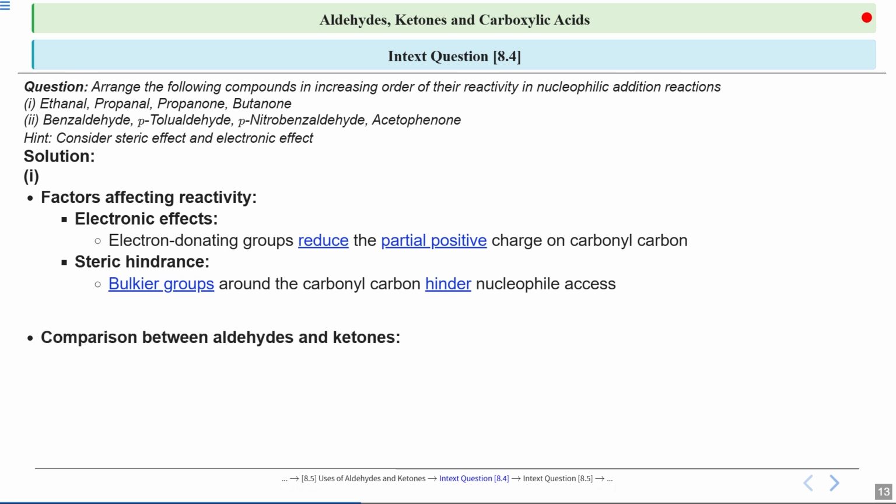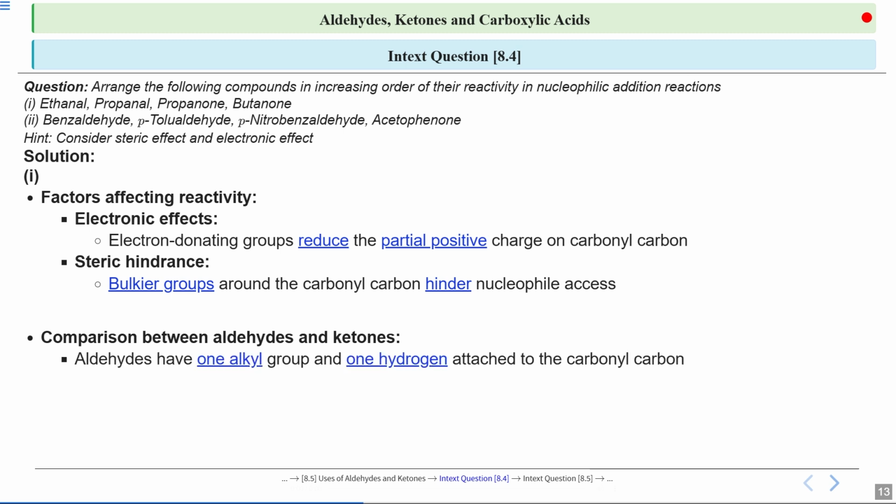Now, for the comparison between aldehydes and ketones, we will look at their structural differences and the impact on reactivity. Aldehydes have one alkyl group and one hydrogen attached to the carbonyl carbon.